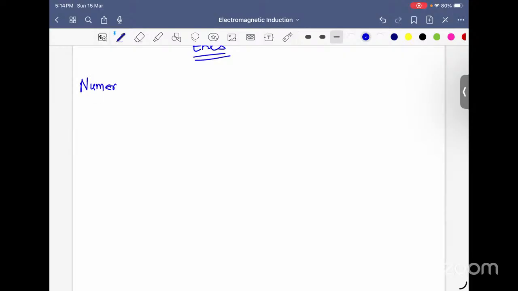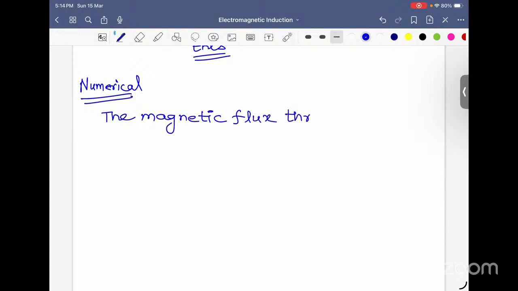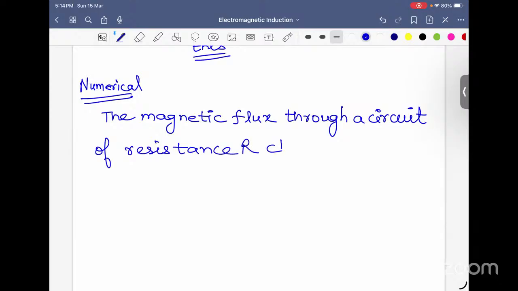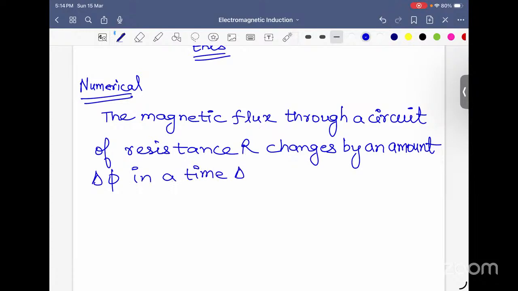The magnetic flux through a circuit of resistance R changes by an amount del phi in a time del t.